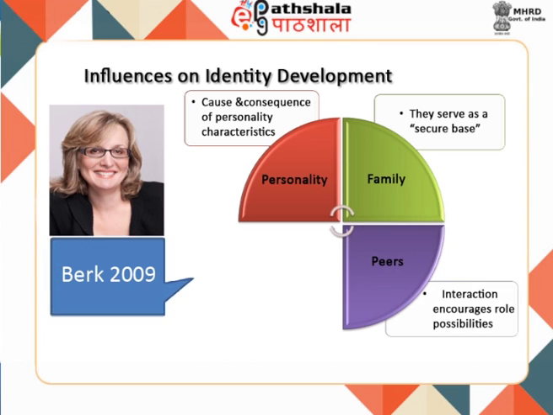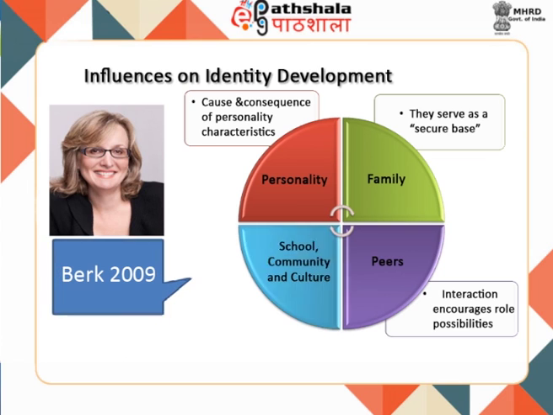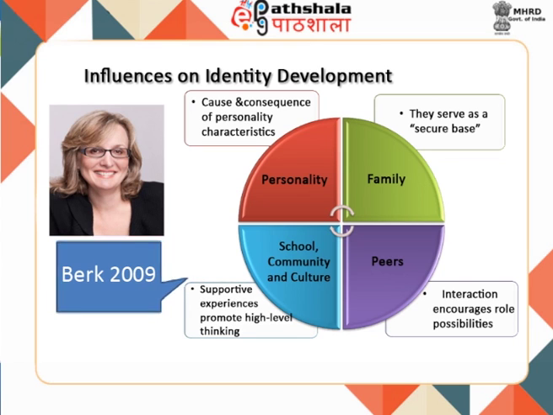Peers. Interaction with diverse peers through school and community activities encourages adolescents to explore values and role possibilities. School, community, and culture. School and communities can jointly foster identity development. Supportive experiences include classrooms that promote high-level thinking.